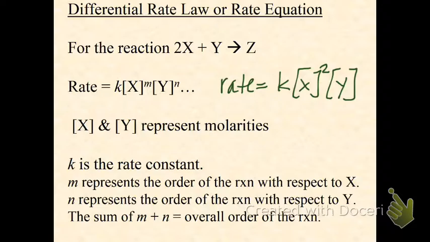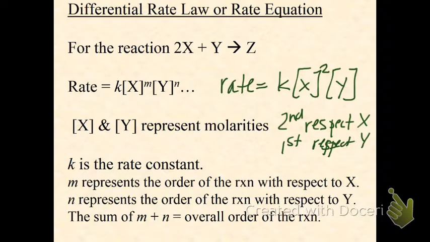So it'd be third overall. Okay, so we would say second order with respect to x, first order with respect to y, and then third order overall. So that's how you read a reaction rate.